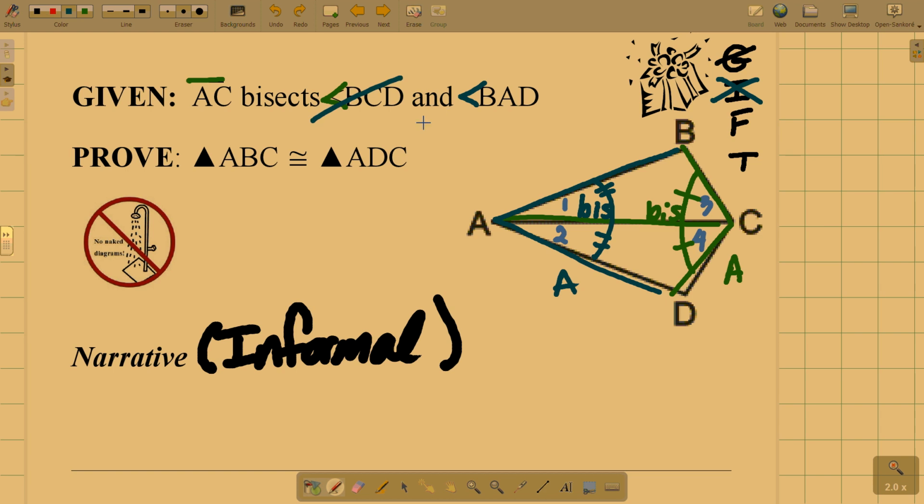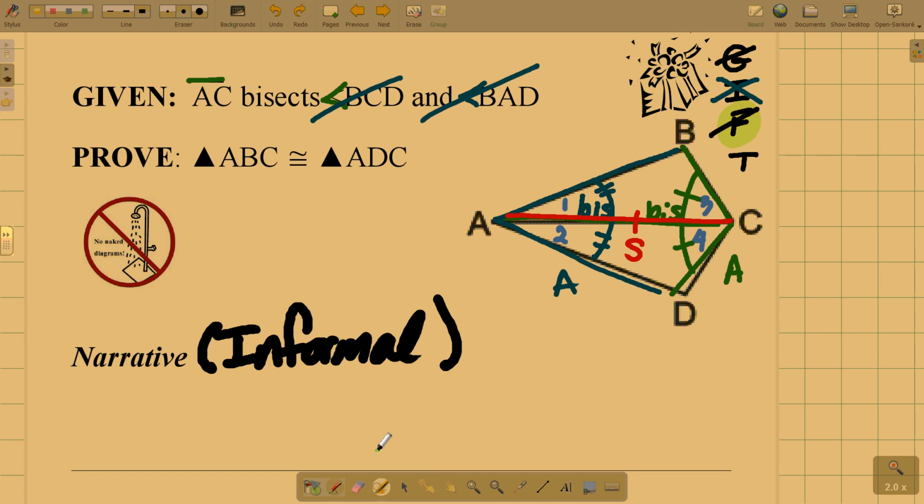Cross things out as you account for them from the given. Freebies, we look for vertical angles, reflexive sides, and reflexive angles. And you can see here that we have a reflexive side, AC. That is a side. So we talk it through.